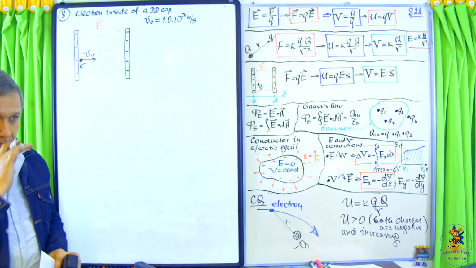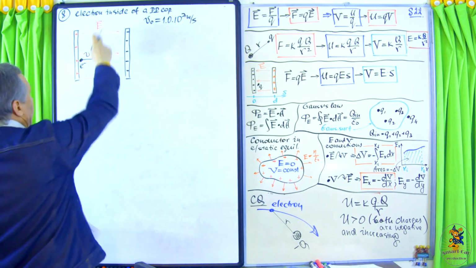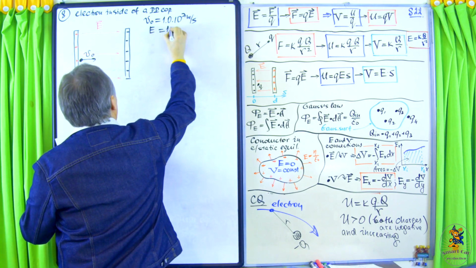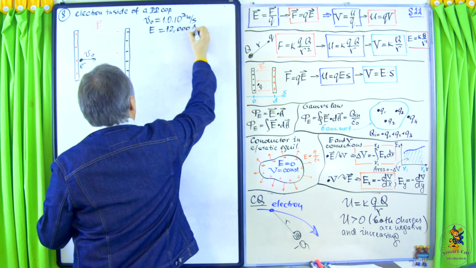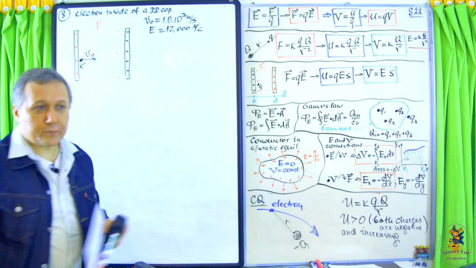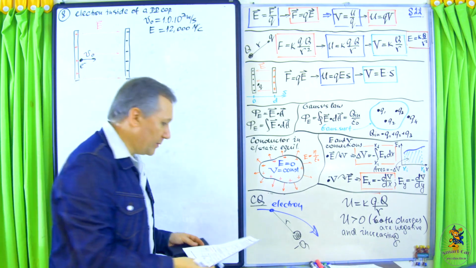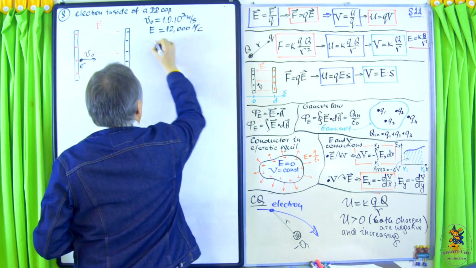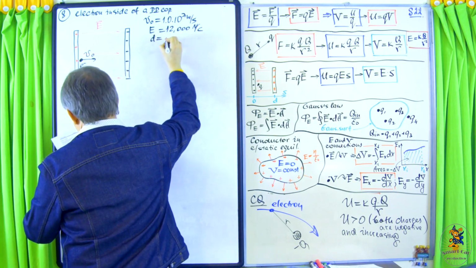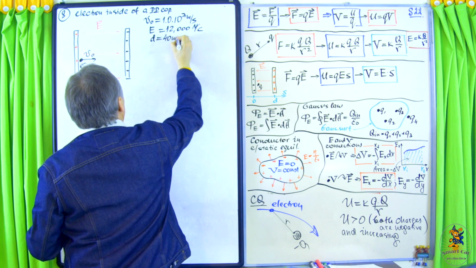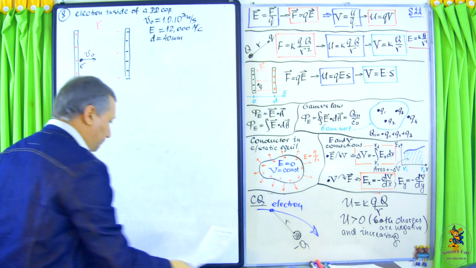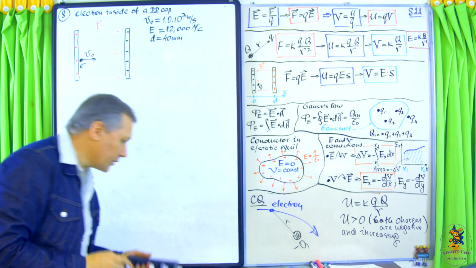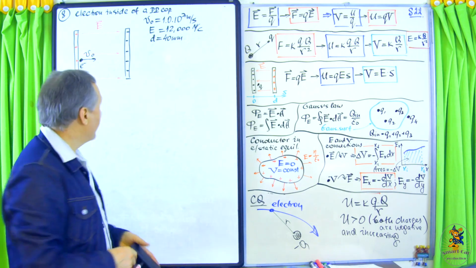Then the value of the electric field is also given: E equals 12,000 newtons per coulomb, or again, volts per meter can be used. Newtons per coulomb, volts per meter, basically it's the same. Then the distance between electrodes is also given: d equals 40 millimeters. And then of course universal constants. Of course, I'm not going to write that up.